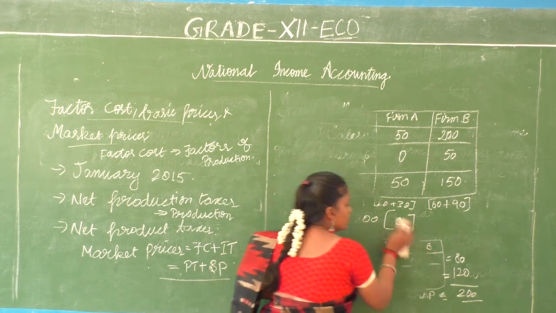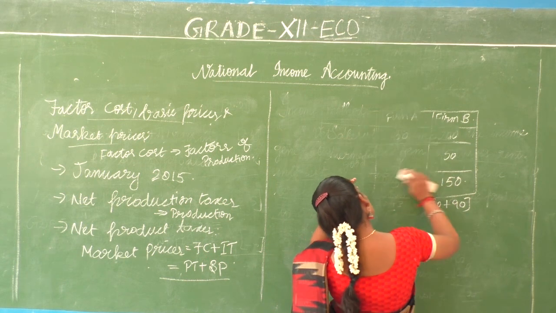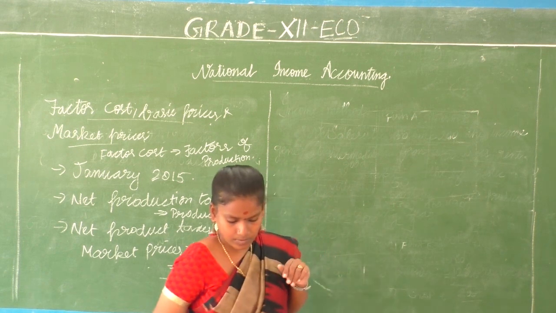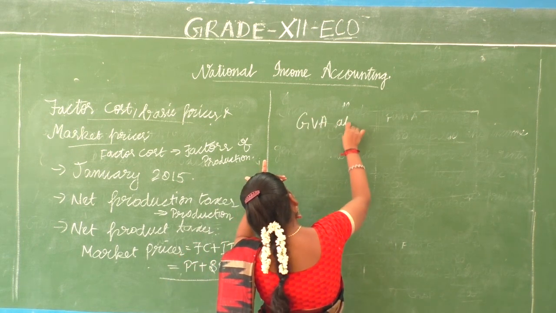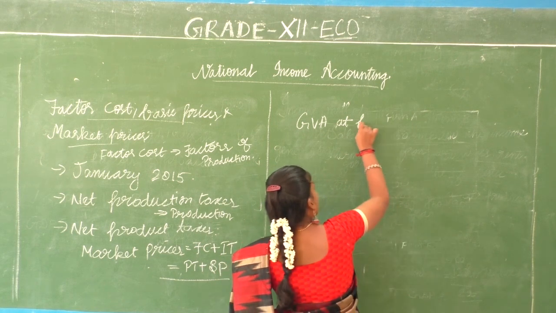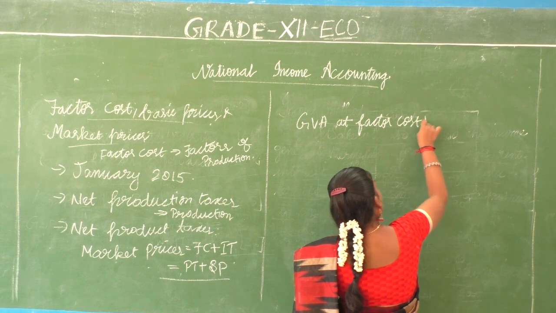So how do you calculate GVA at factor cost? GVA means gross value added. GVA at factor cost, what did we see first? Factor cost plus what are you going to add?